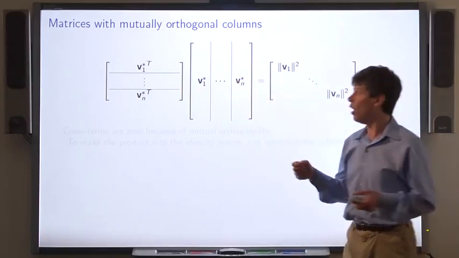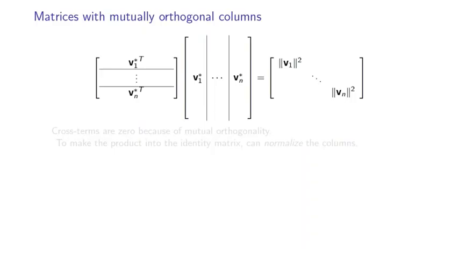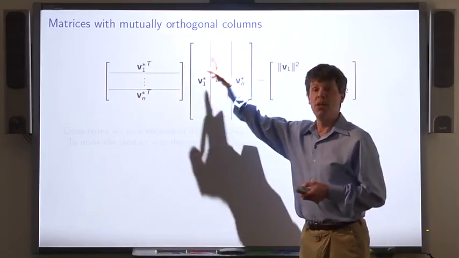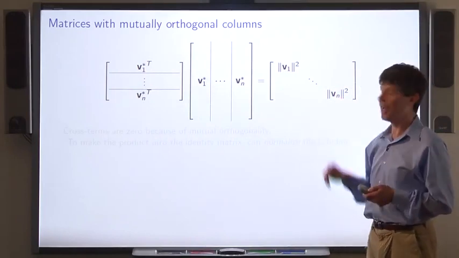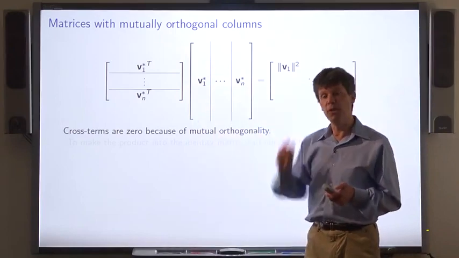Well, let's use one of our definitions of matrix-matrix multiplication. The entry of the product in the first row and the first column is the dot product of the first row of the first matrix times the first column of the second matrix, and so on. The off-diagonal elements are all 0 because these vectors are mutually orthogonal.